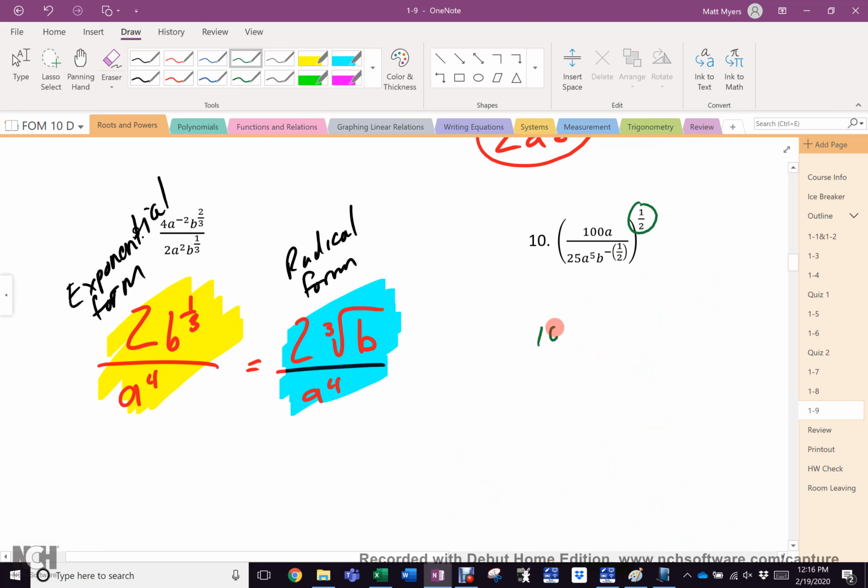So I would have had 100 to the 1/2, which we know is square root of 100, which is 10, right? And it would have had 25 to the 1/2, which we know is square root of 25, which is 5, right? And a and a to the 5th, that's kind of a mess, but when I simplify it, it's a to the 4th, and that is an easy 1/2, right? Because 1/2 times 4 is 2. Everybody with me? All right.